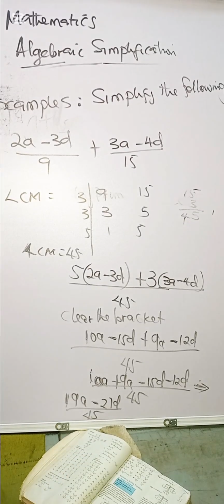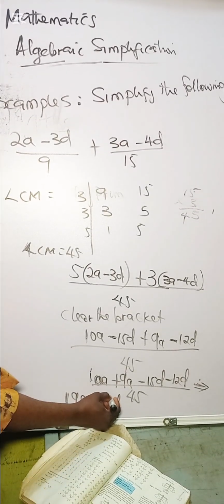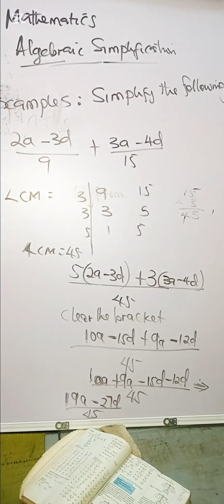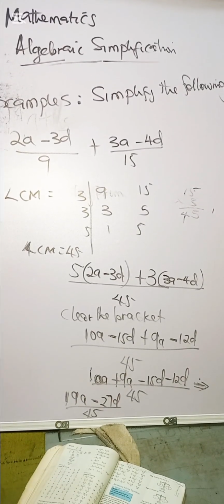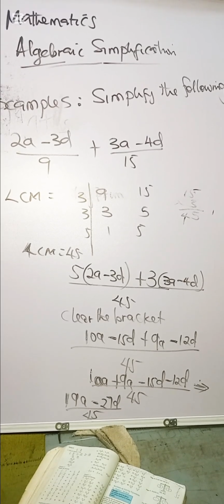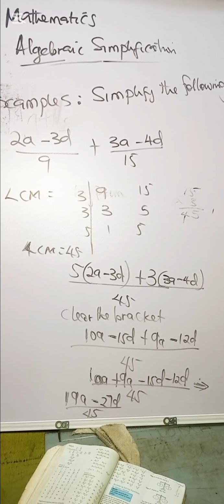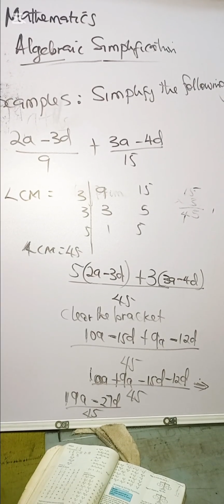And this is the answer. So any question that you're given in algebra, once fractions are involved, you start with what? Getting the lowest common multiple of the two numbers. Exactly.